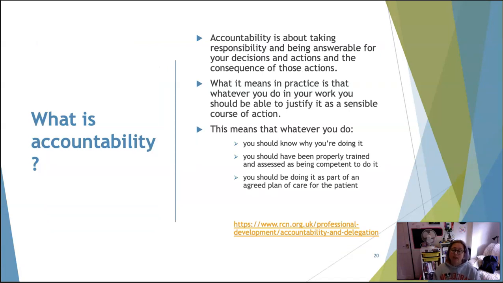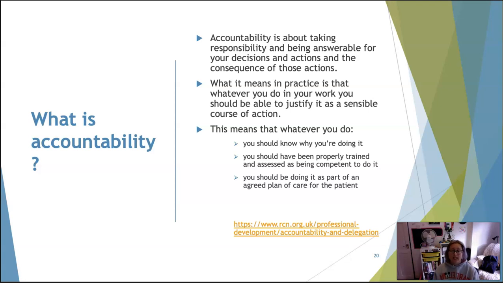So when we think about accountability, you've probably all written loads about accountability. You've looked at accountability, it links into your apprenticeship standards. And accountability is about taking responsibility and being answerable for your decisions and actions and the consequences of those actions.